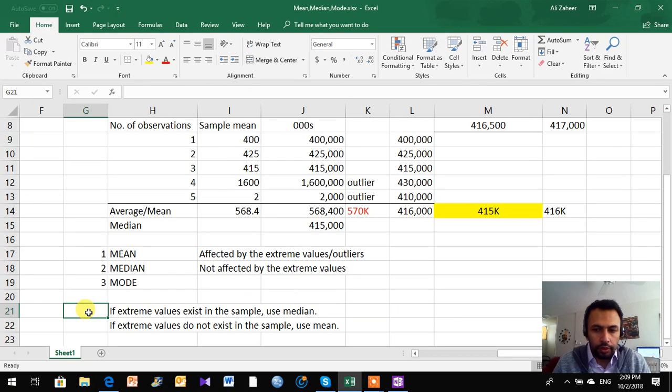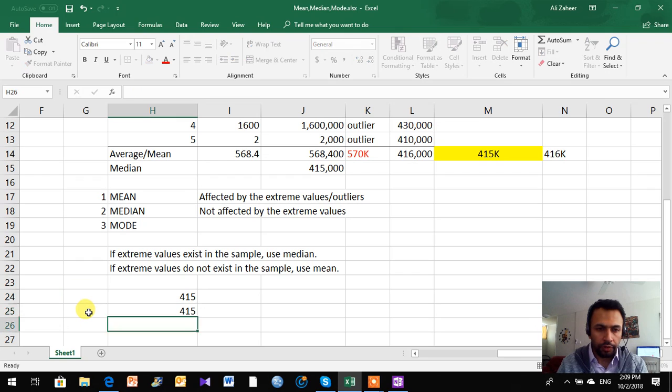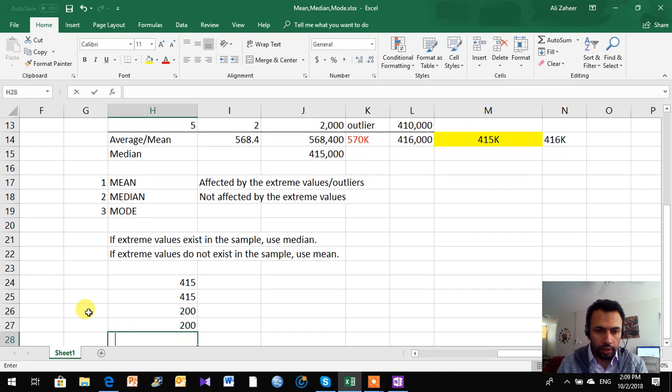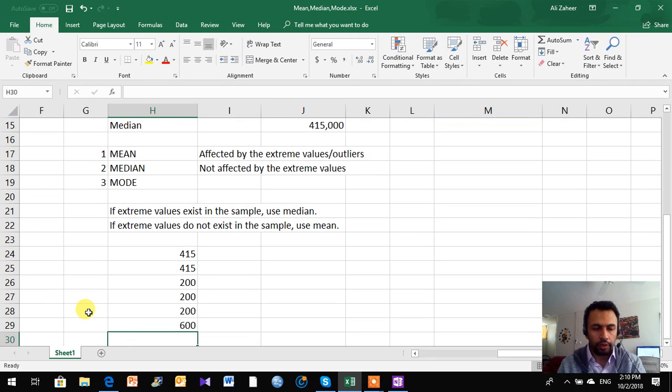Then we talk about the mode. The mode is the most frequently occurring value. So let's suppose one value is 415, another one is also 415, third one is 200, 200, 200, fourth one is 600. So what will be the mode of that?